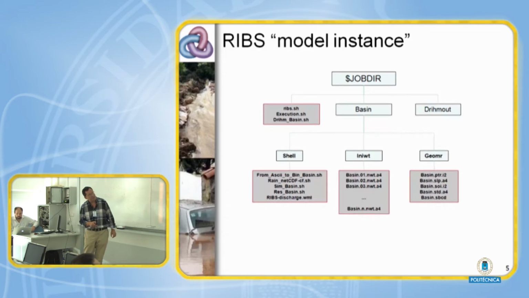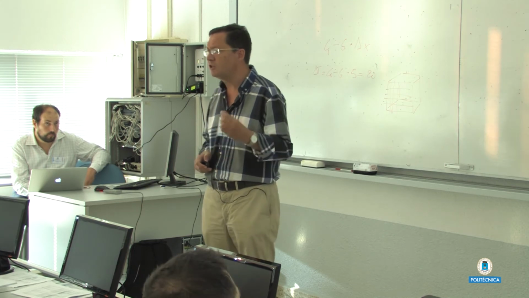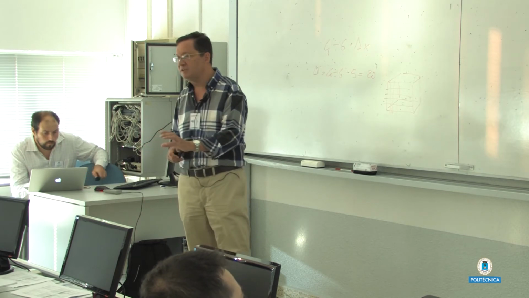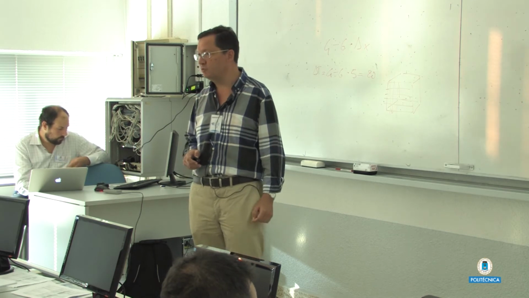Then there is the simulation script, which is the actual model run, specifying everything in terms of paths relative to the job directory that we are going to use. And finally, the Q-bridge, where you take the RIPS results in binary format and transform them into a WaterML format that can be understood by DRIHM.